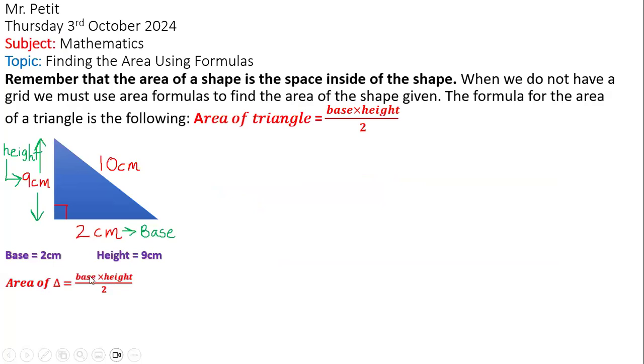We know that the base is 2 and the height is 9, so it's going to be 2 times 9, which equals 18. Then you divide that by 2, which gives you 9.